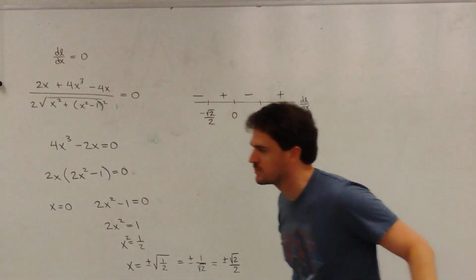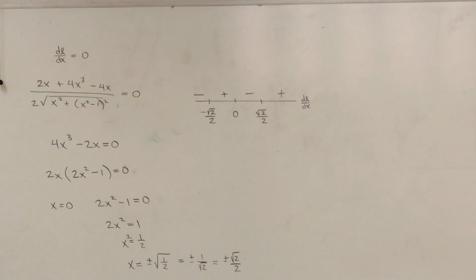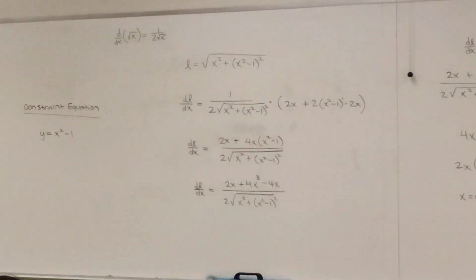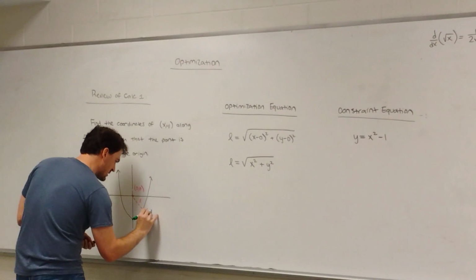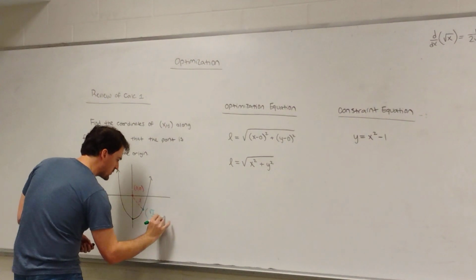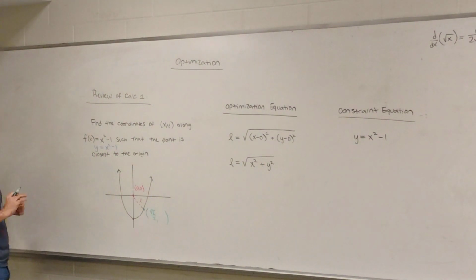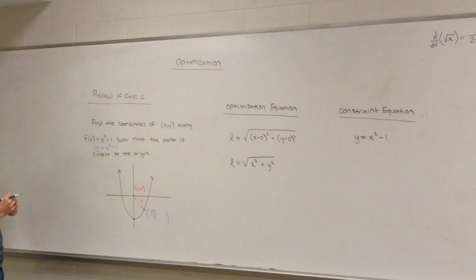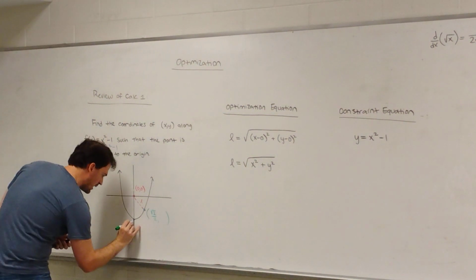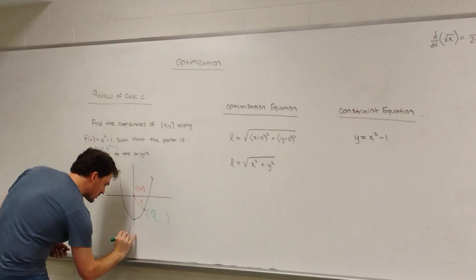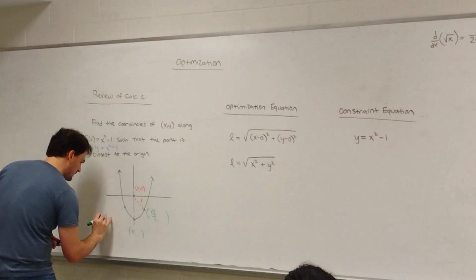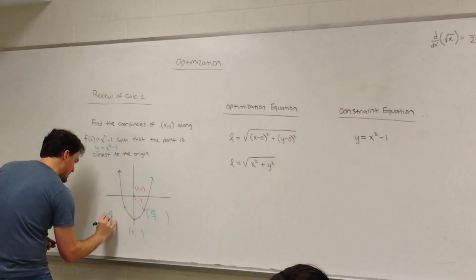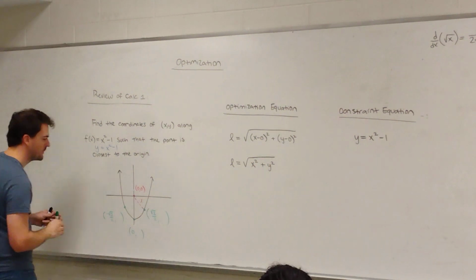So now let's go ahead and just bring it back home. We have 3 points. This general point x comma y, I know the minimum distance is root 2 over 2 comma something. I haven't found the y coordinate just yet. I have the coordinate 0 comma something. And I also have the point negative root 2 over 2 comma something.